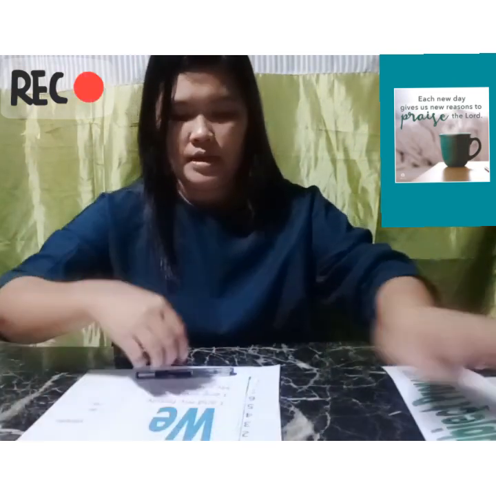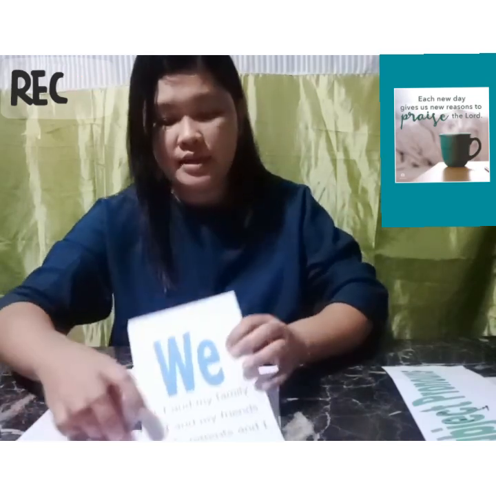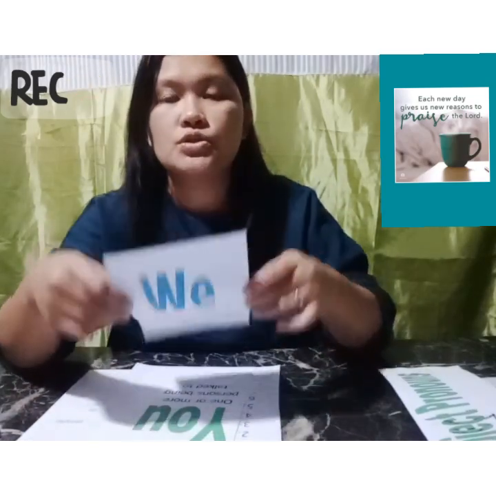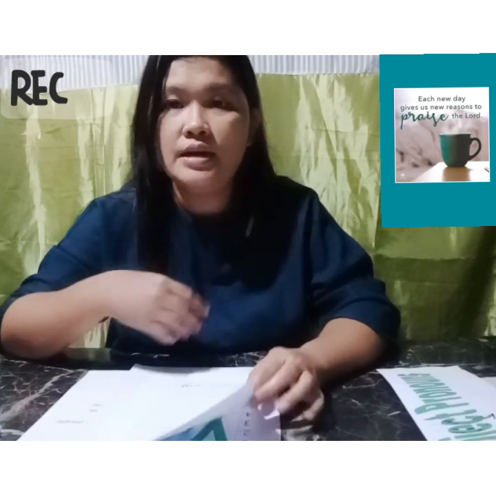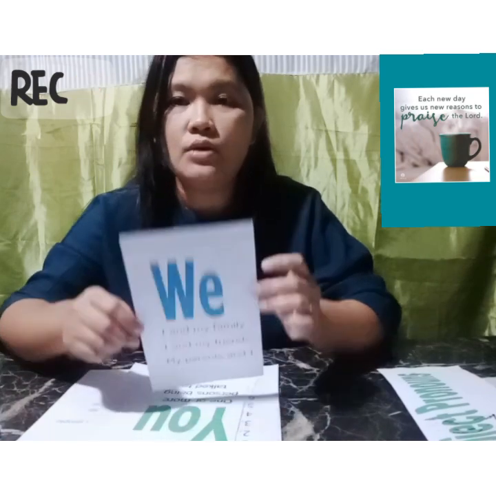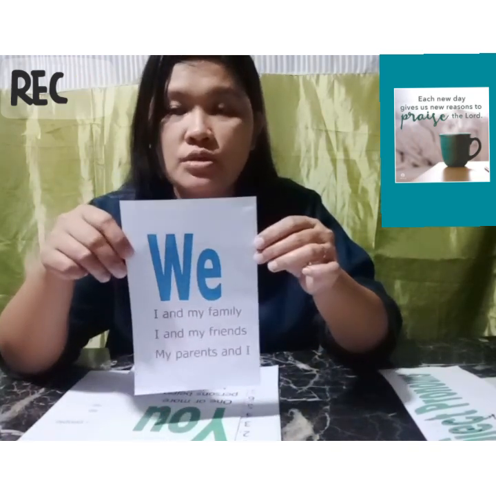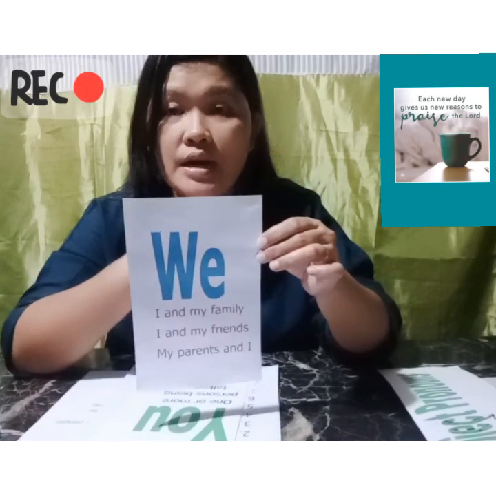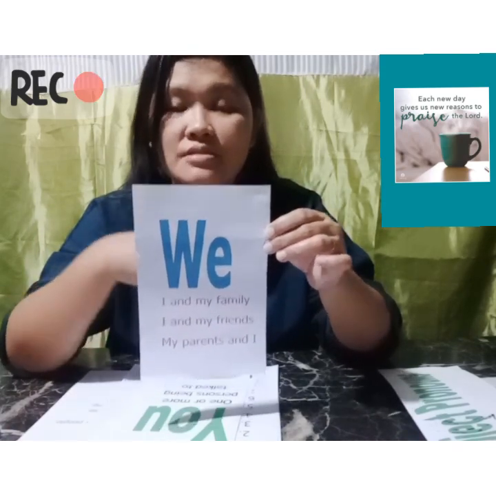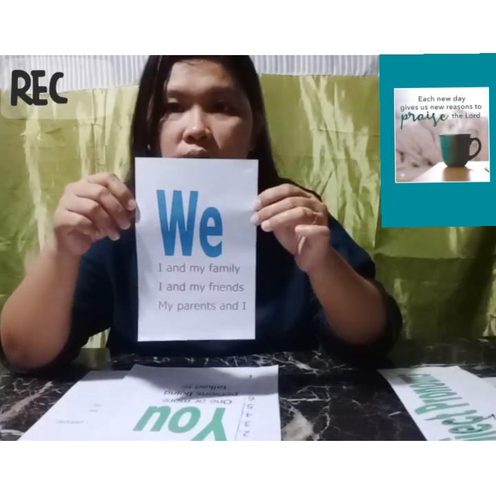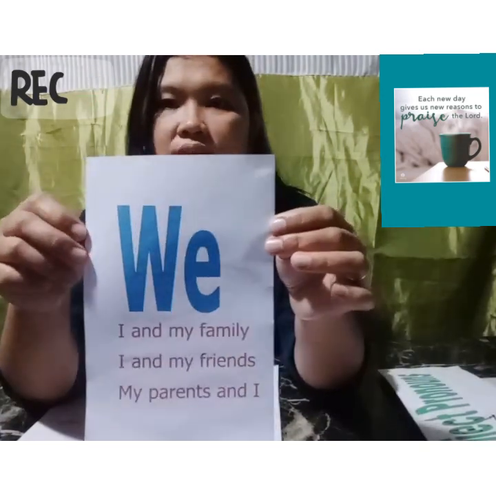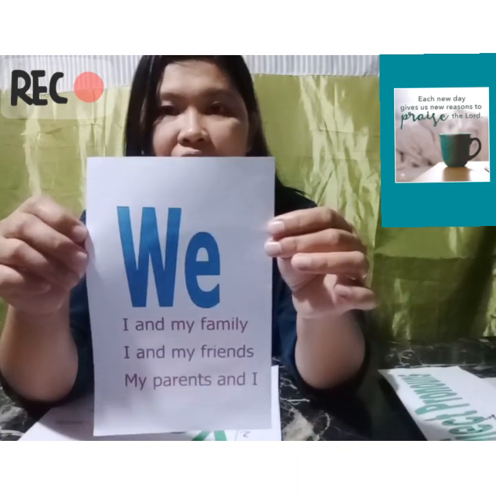Now, let us look at the examples. So as what I have said, the singular first person is I. We use I when you say something about yourself. And for the plural form of I, we have we, which includes the speaker and his or her companions. So for example, we say, I and my family.